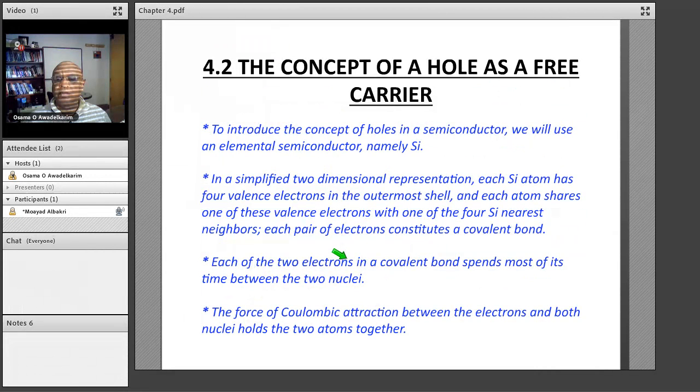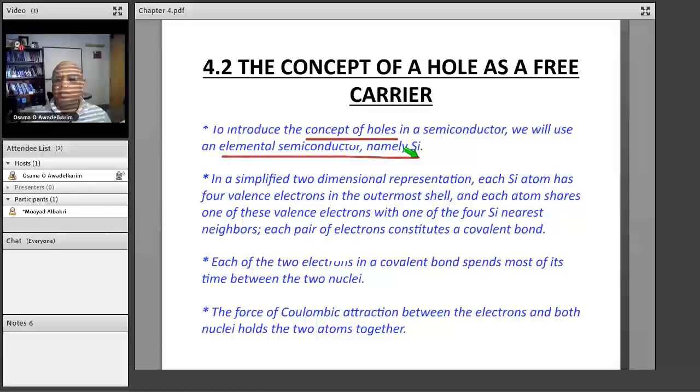Now, here is a very important concept that actually shows up when we talk about semiconductors. And this concept is the concept of holes in a semiconductor. And to illustrate holes and the idea of holes, we are going to use an elemental semiconductor, namely silicon.